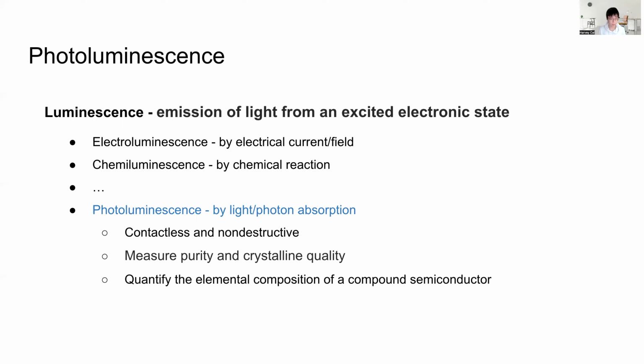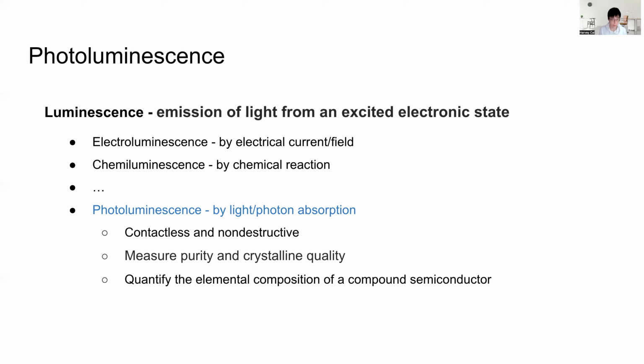And because of the nature of photoluminescence, where we only use a light to excite the electrons, it's contactless and non-destructive. And it is one of the big advantages of photoluminescence.